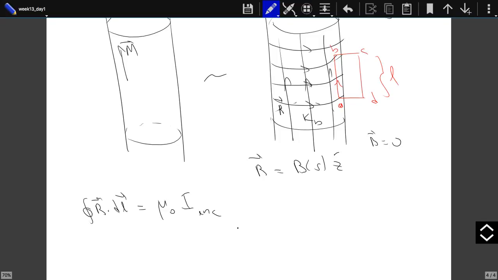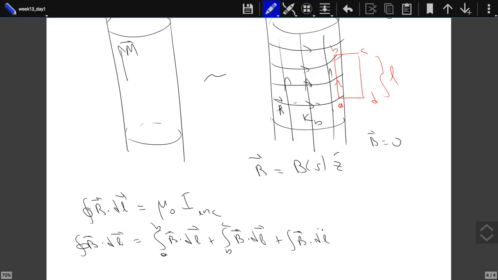Now, we can divide the integral into 4 parts: B dot dl from A to B, plus from B to C, plus from C to D, plus from D to A. From B to C, the top segment, the B field is either perpendicular to dl or it is 0. In both cases, B dot dl is 0, so the second term is 0.